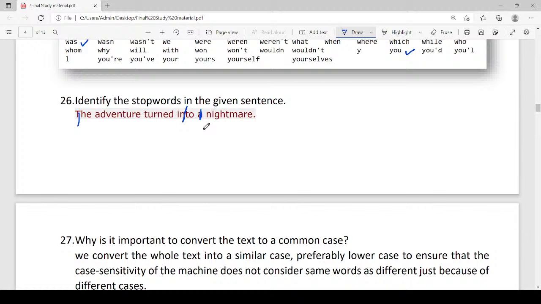So you must have seen in the textbook you have hello given with H capital, or with L capital, or it could be HELLO with the last letters capital, or H capital ELLO.